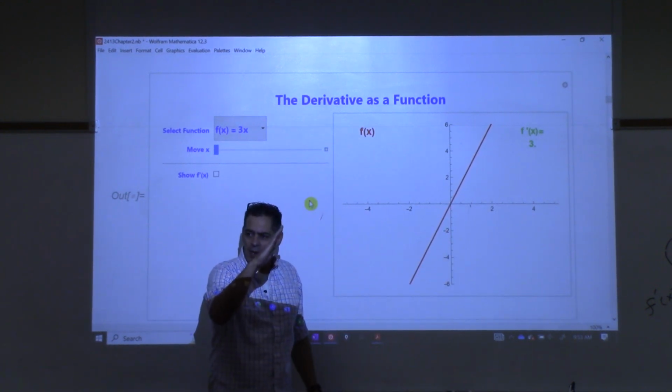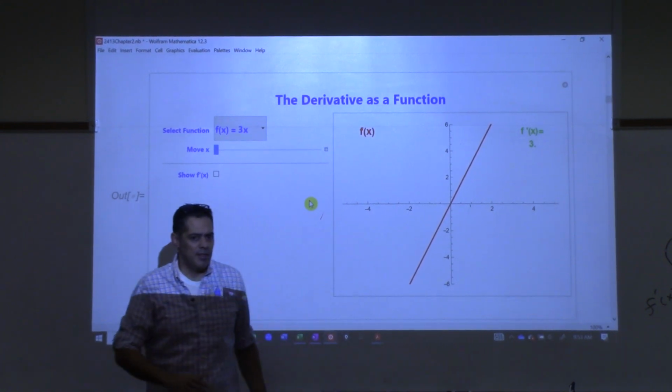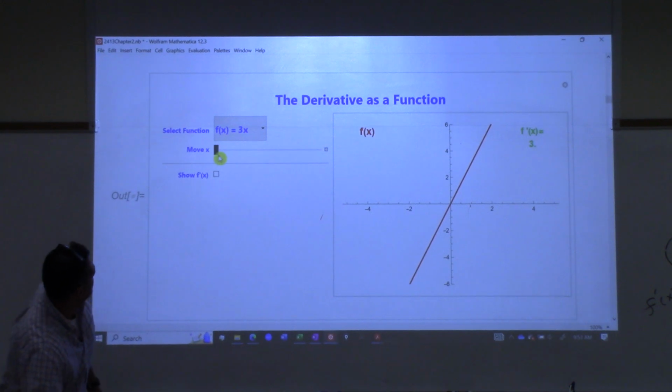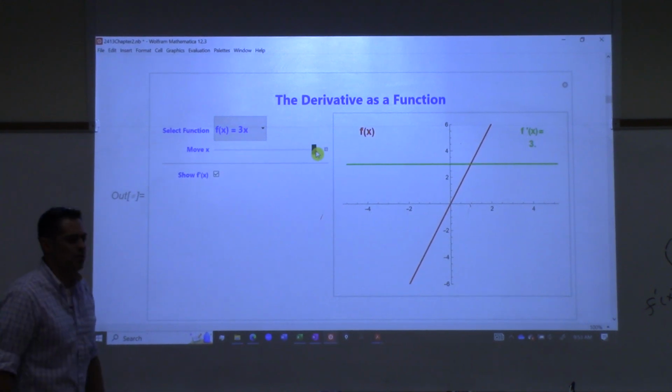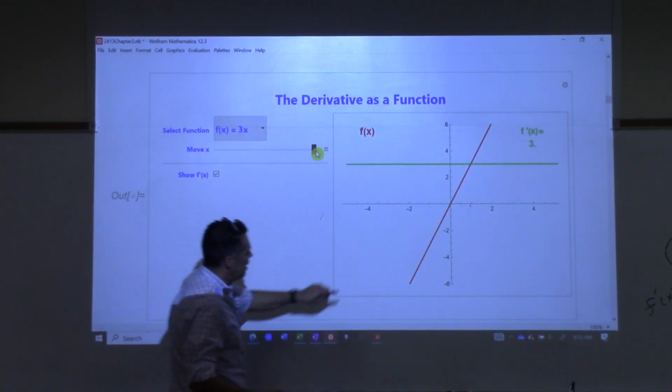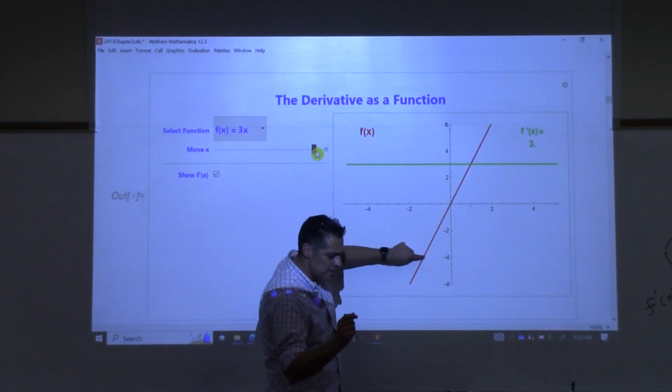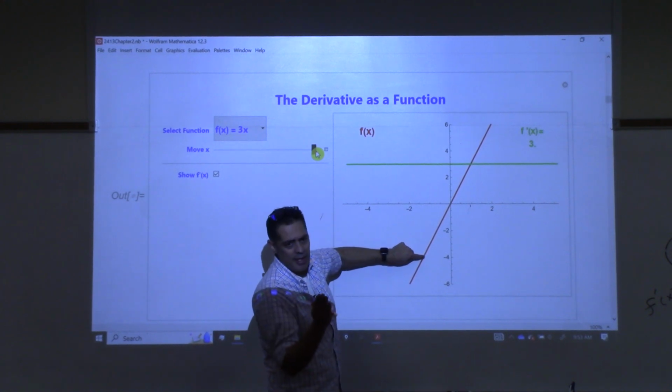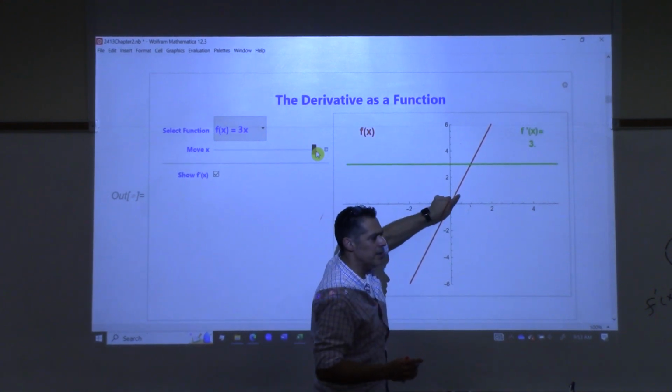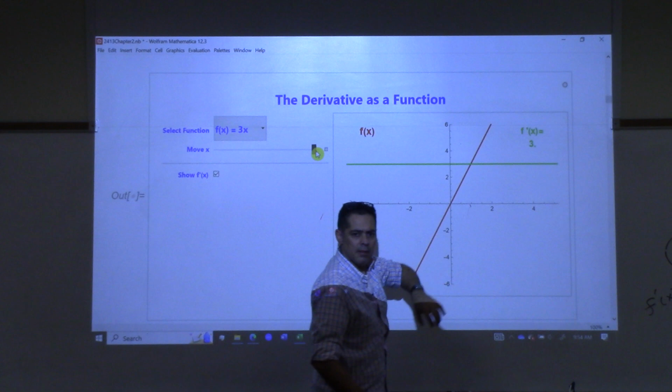That means the derivative should be 3 all the time. What is that going to look like? A horizontal line. You go to any point on this line and ask, what's the slope of the tangent line there? It's always 3. That's why the derivative is always 3 at every single point I pick.